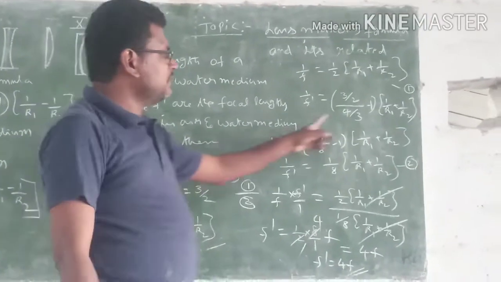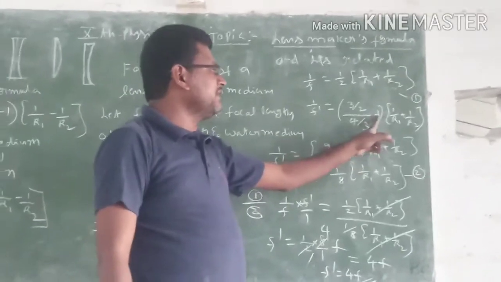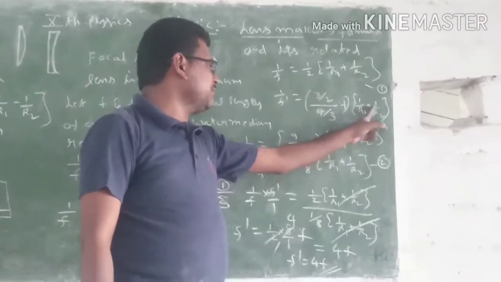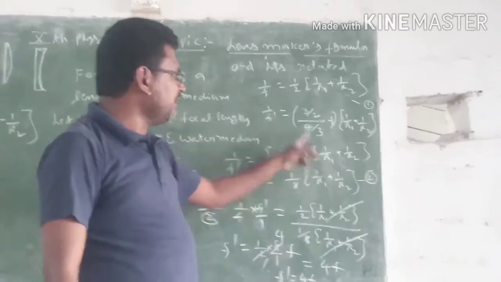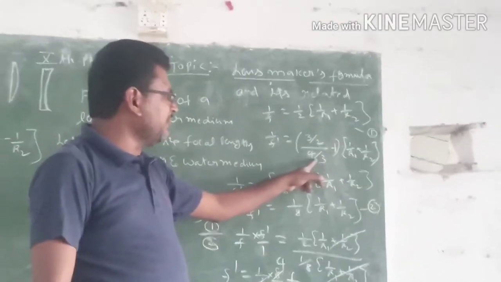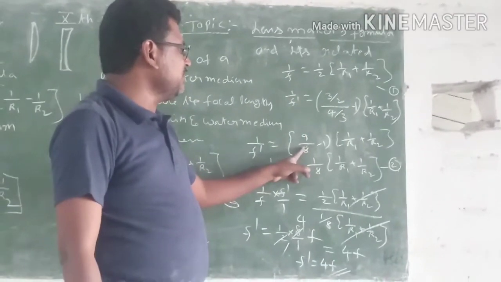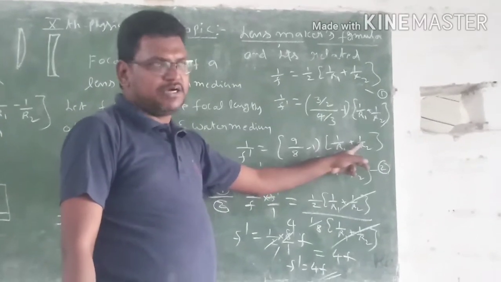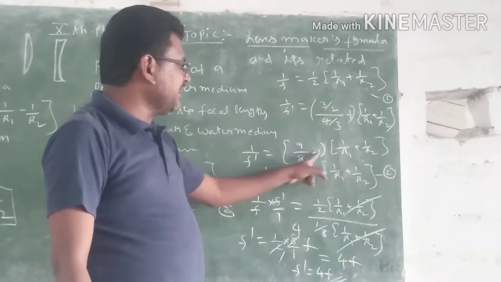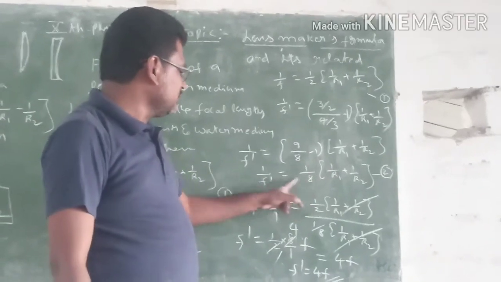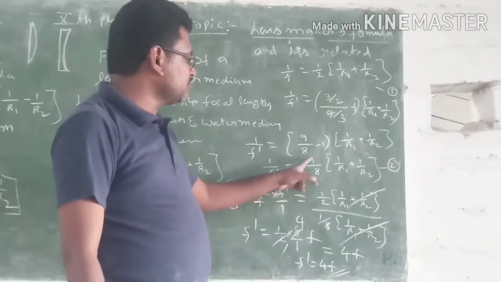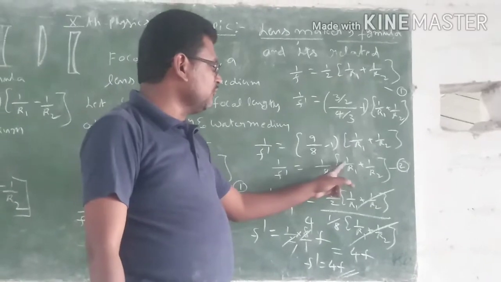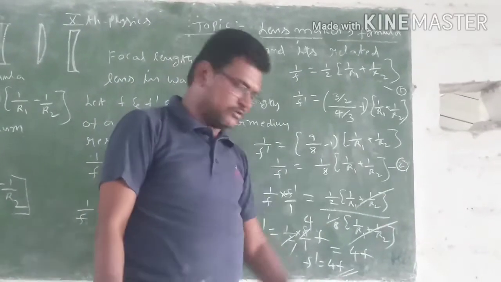Water medium. So (3 by 2 by 4 by 3 minus 1) into (1 by R1 plus 1 by R2). 3 by 2 by 4 by 3 becomes 9 by 8, minus 1, into (1 by R1 plus 1 by R2). 9 by 8 minus 1 is 1 by 8. 1 by f dash is equal to 1 by 8 into (1 by R1 plus 1 by R2).